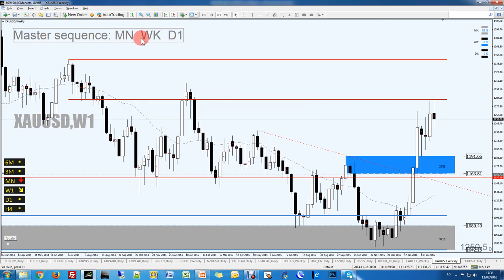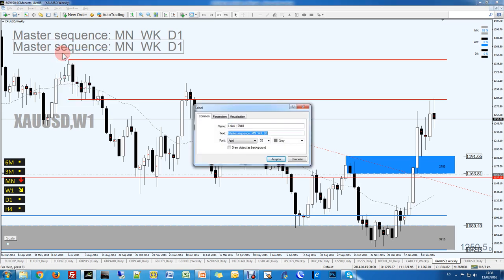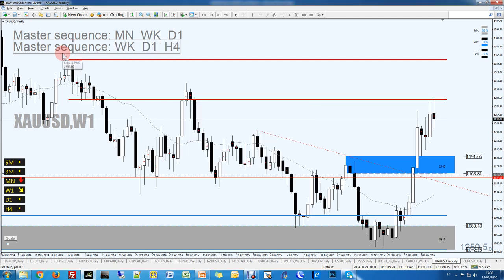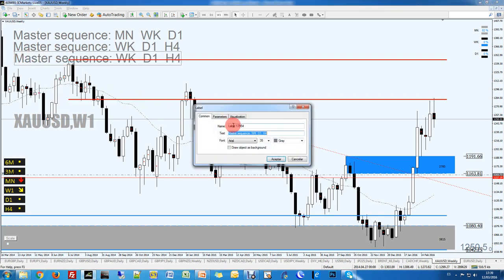Let me clone it with the Control key here and then drag it. We could start using the weekly, not yet, daily, H4, and then I clone it again. We drill it down to the daily, H4, H1.